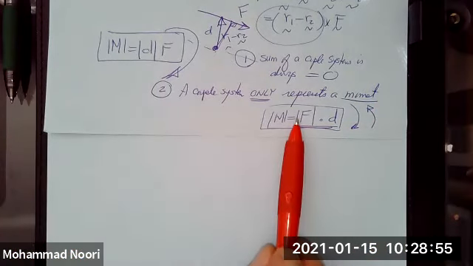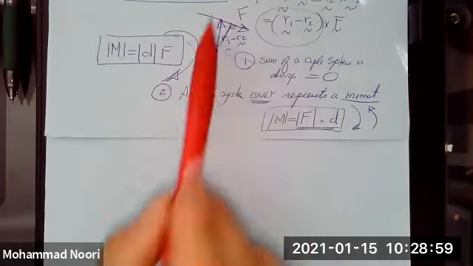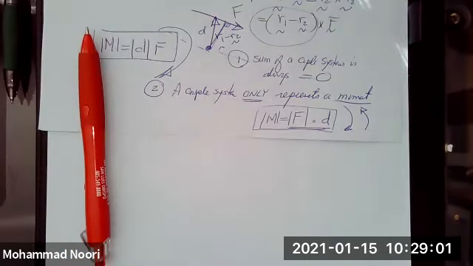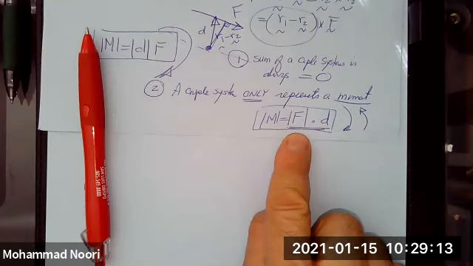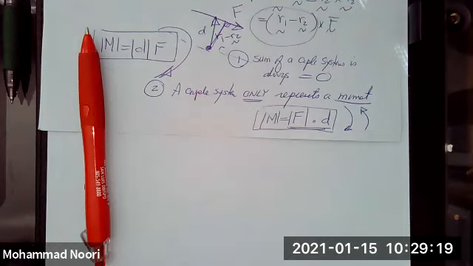Since this moment is independent of any location, that means regardless of where these two forces or the couple system is acting on an object, it generates the same moment, because the magnitude of that moment has nothing to do with where these two forces are applied.